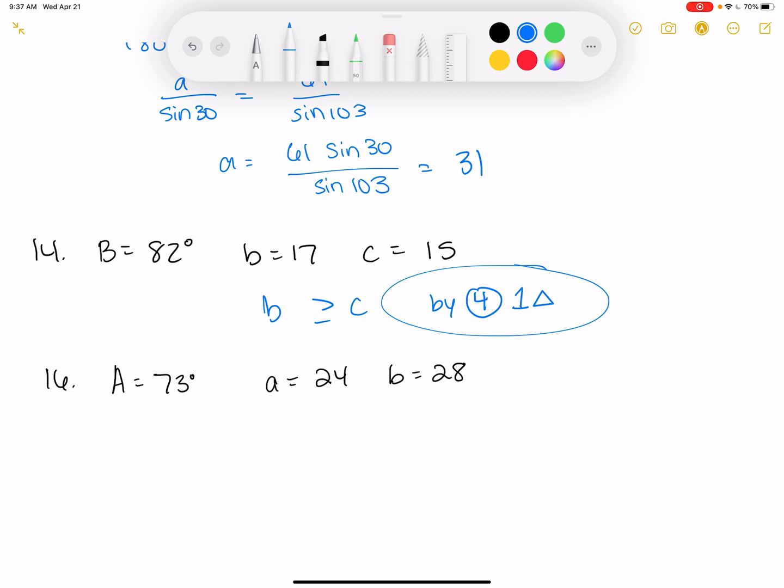No. So I need to look at my H value, exactly as it is in the chart. H is equal to b sine A. If the one that has its angle is not bigger than the other one, then you have to look at H if it's acute. So 28 sine of 73 is equal to what?